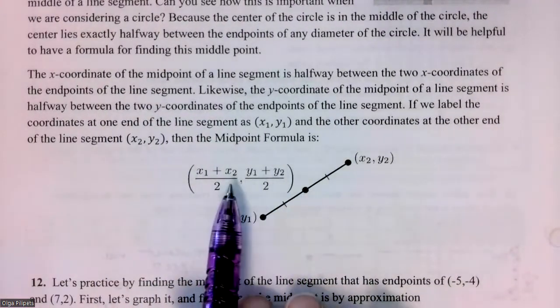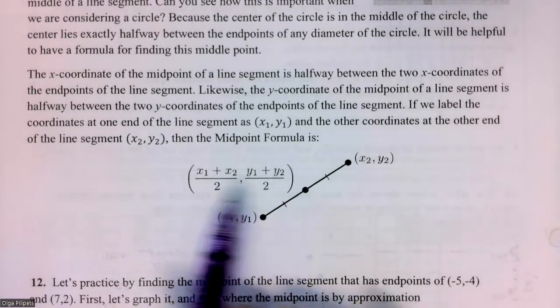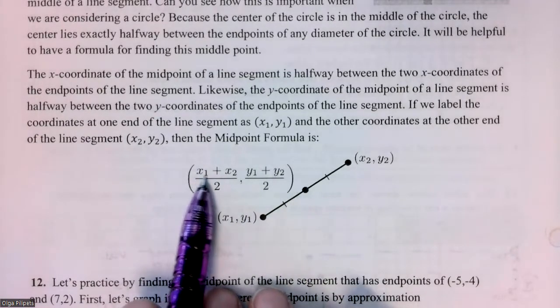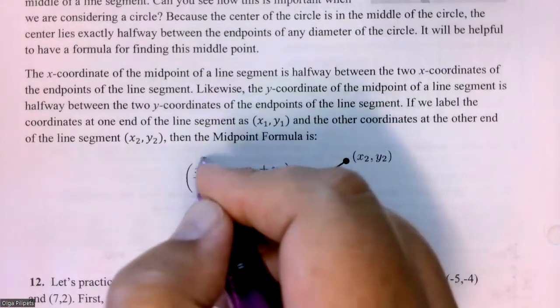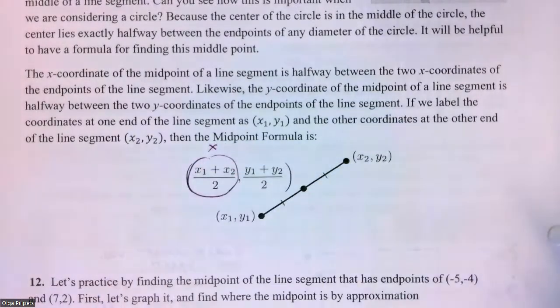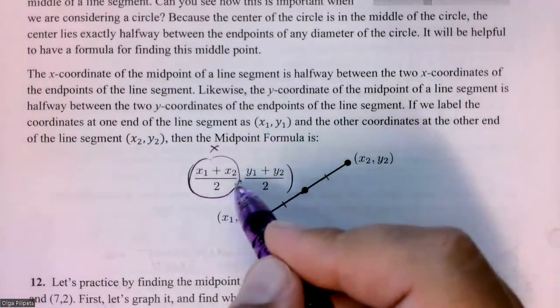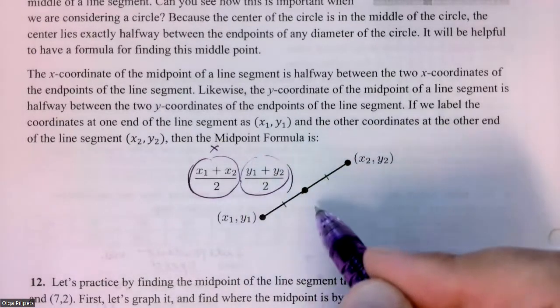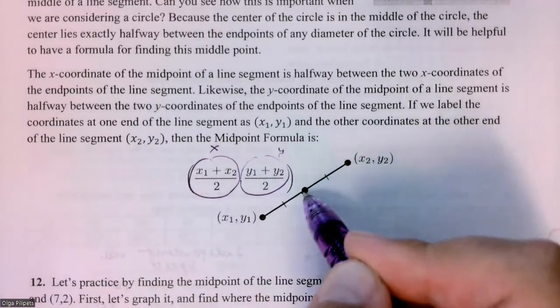Therefore, this point has these coordinates. This whole thing is the x-coordinate of this point, and this whole thing is the y-coordinate of this point.